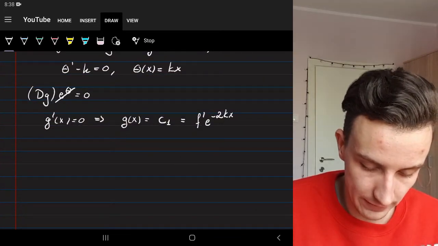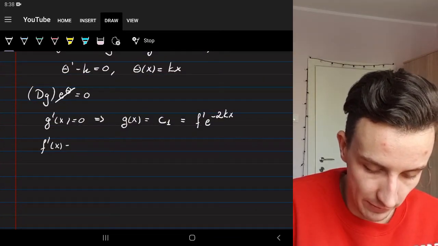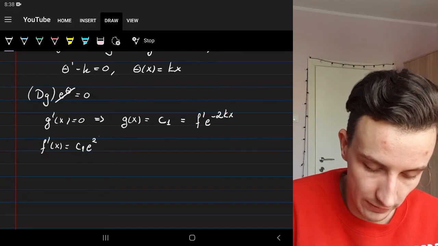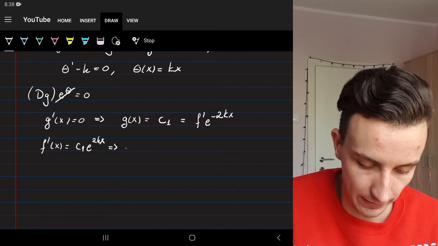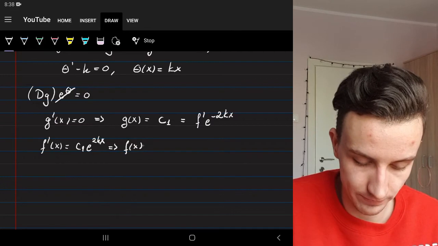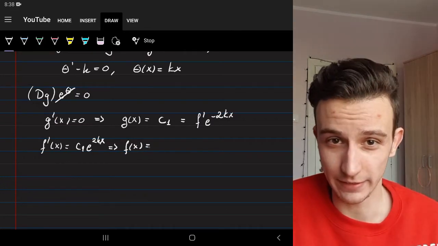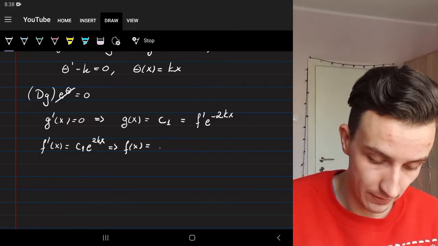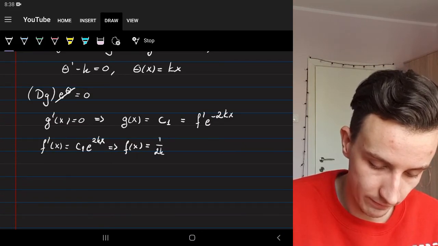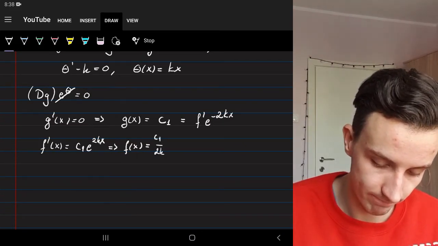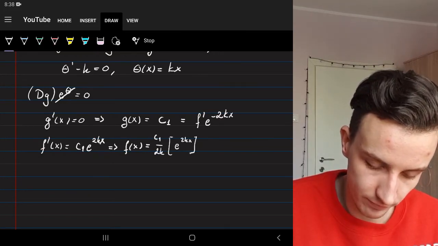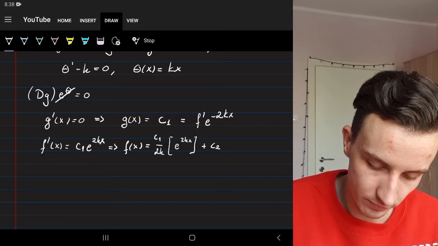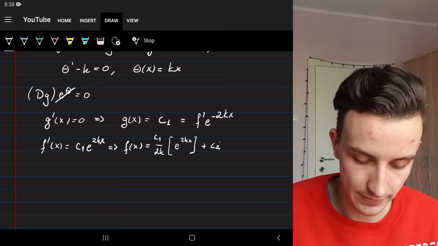Now we want to look at f prime. From here we have f prime of x is c1 e to the 2kx. Of course, multiplying both sides by e to the minus 2kx. And from here, f of x, we integrate. This one is a little tougher. Integrating in our heads, of course, like big boys, we get 1 over 2k c1 e to the 2kx plus c2, another constant of integration.